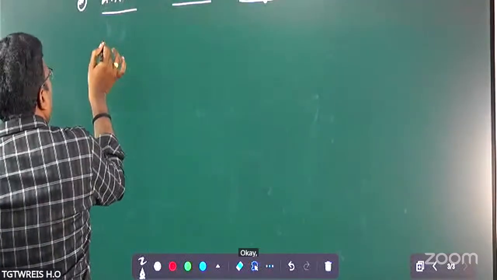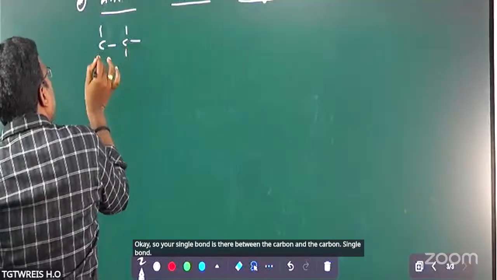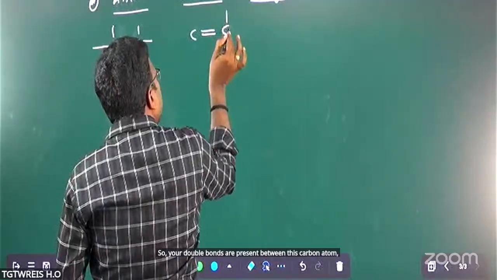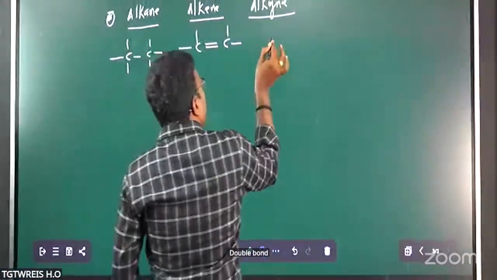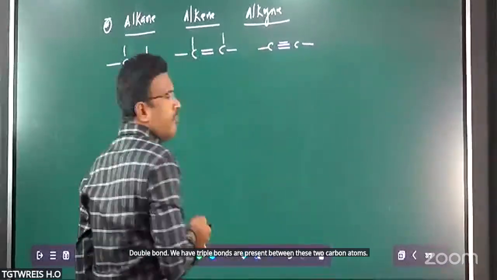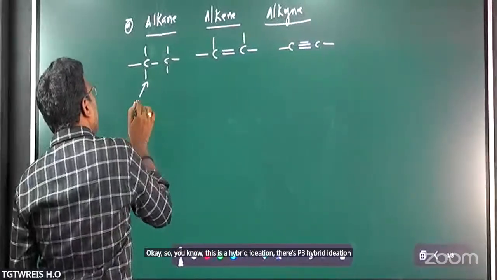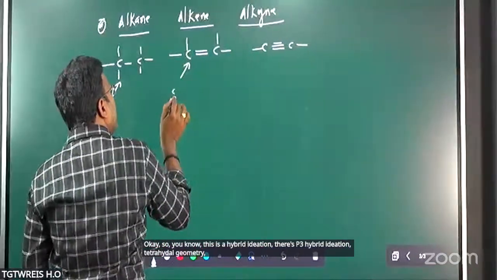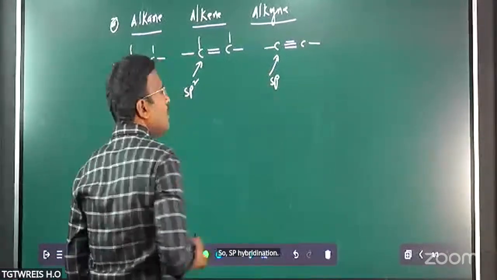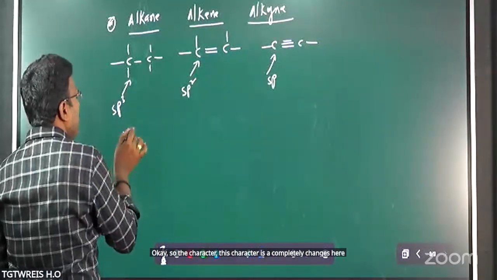Here a single bond is there between carbon and carbon. Here double bonds are present between these carbon atoms. Here triple bonds are present between these two carbon atoms. You know this is hybridization: sp3 hybridization, tetrahedral geometry, sp2 hybridization, and sp hybridization. So the S character completely changes here. 75% of S character.